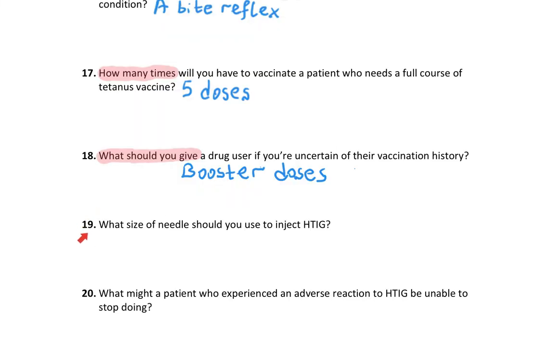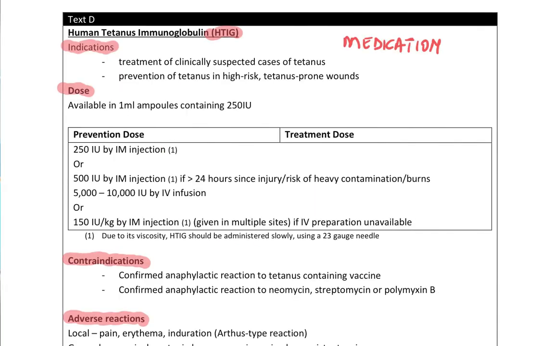Question number 19. What size of needle should you use to inject HTIG? So guys, we are looking for the size, or what size of needle, okay? However, HTIG is a keyword that will take us to the right text, which is text D. Then we look for the size. We are in text D because of HTIG in the question.